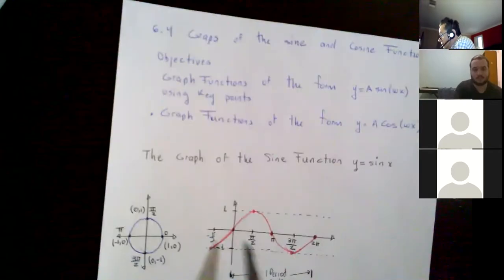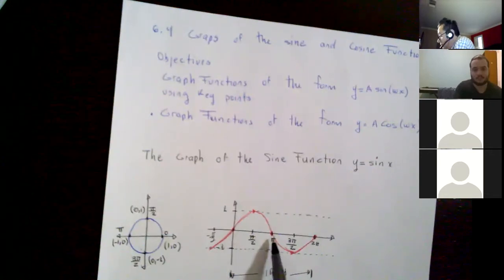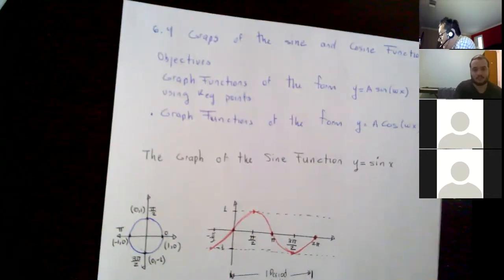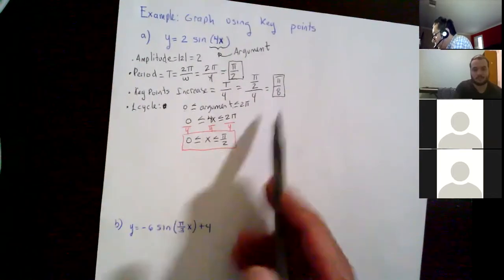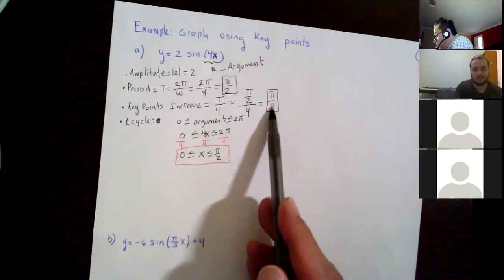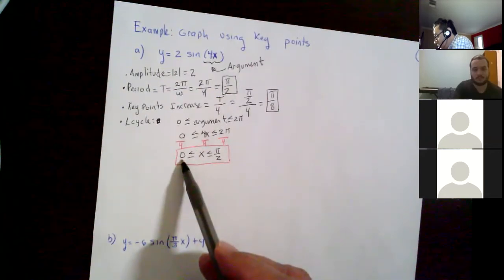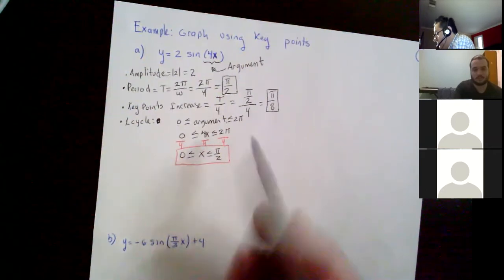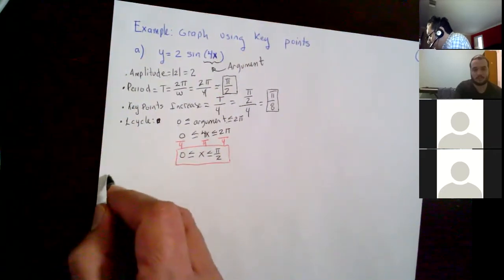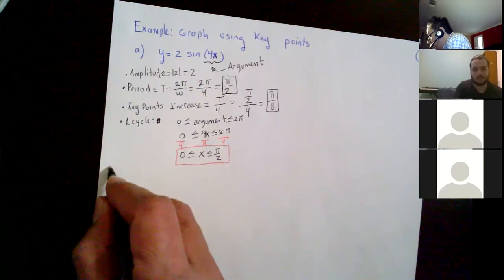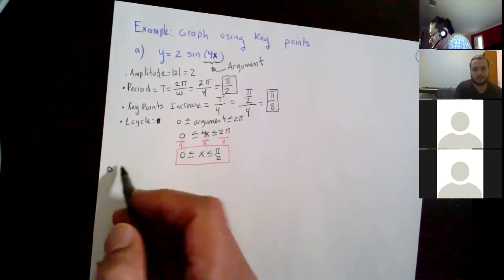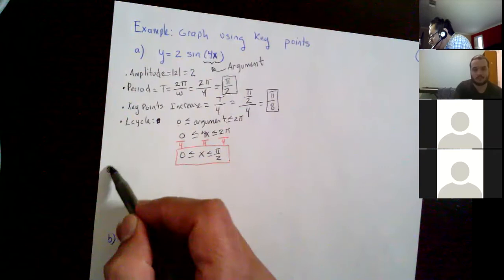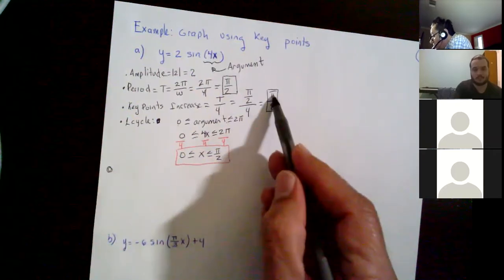What are the key points again? These values right here. That's going to help us to graph. So this is how we find the key points. We found the key points increase right here. So we know that we're going to start at 0. The cycle tells me where to start. We start at 0. So the first key point is 0. The next value, I'm going to add where we start plus pi over 8.